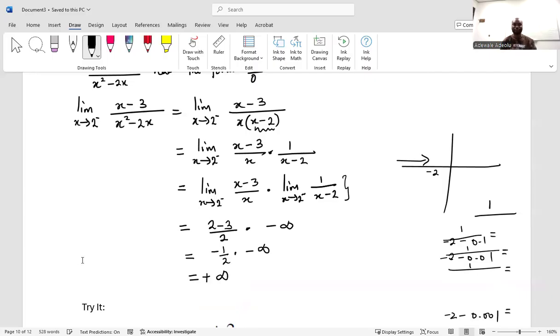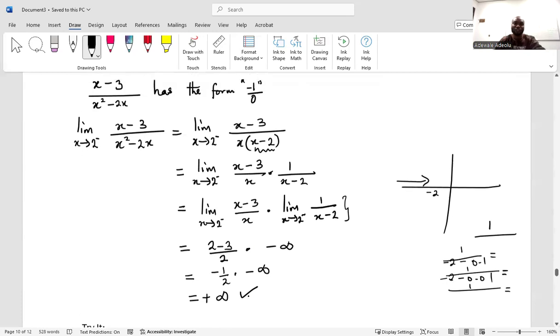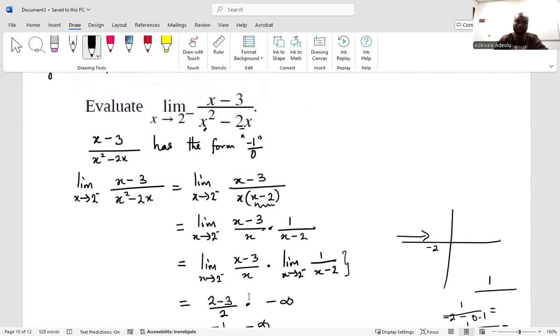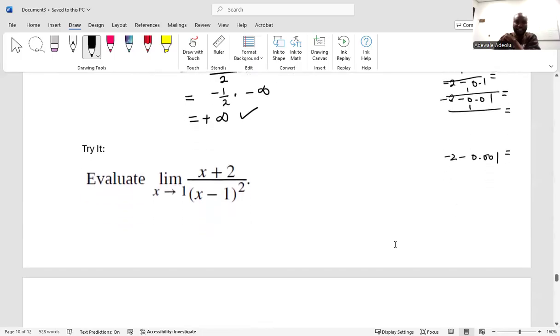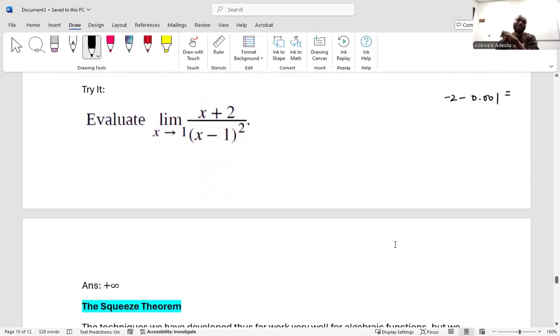That is my claim. So this is the limit of that function in this case. So use that idea to answer this problem.